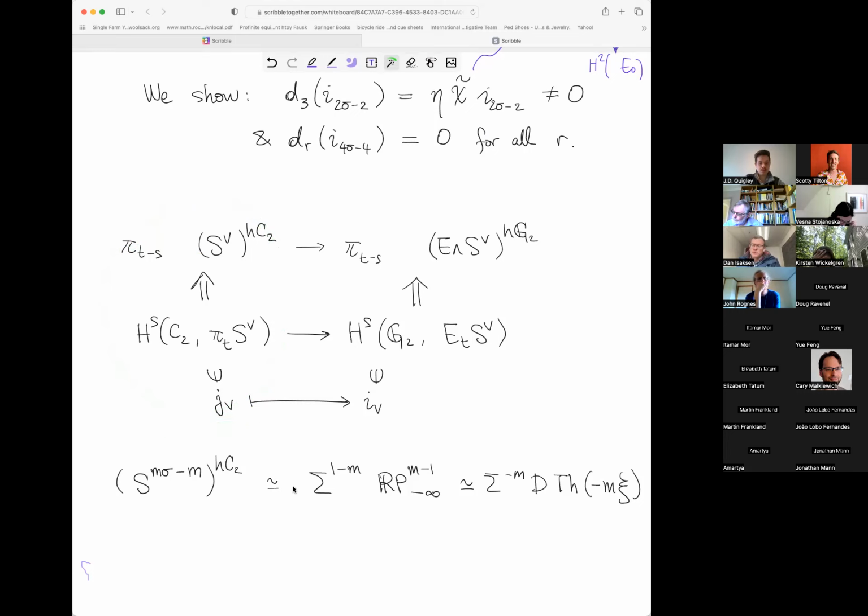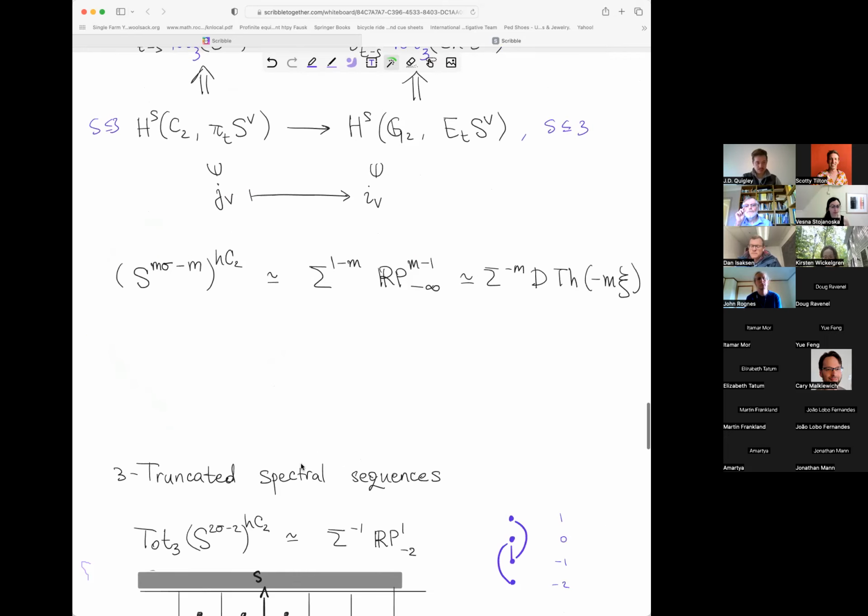So we want to prove something about d3 here, and what we can do is truncate the spectral sequence. TOT3 is the thing that does it, and that means s is less than or equal to 3. We just chop off everything above filtration 3, keeping filtration 3.